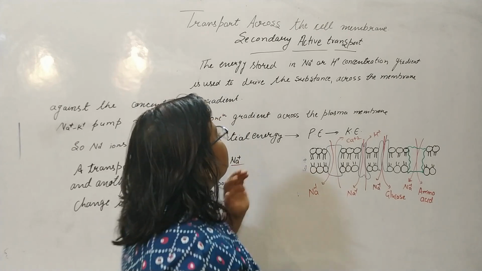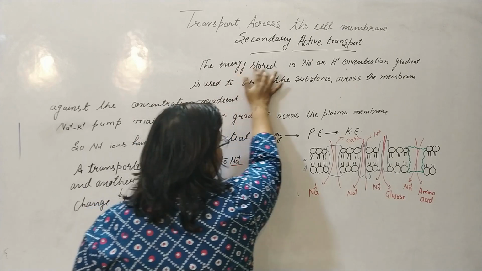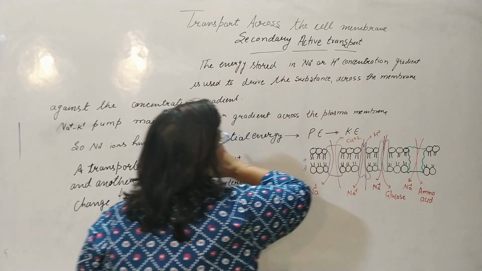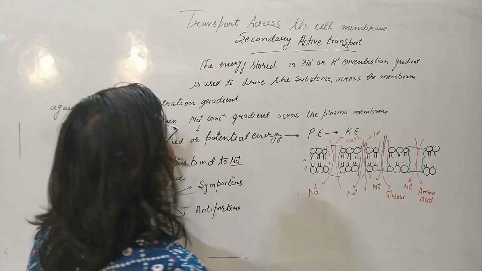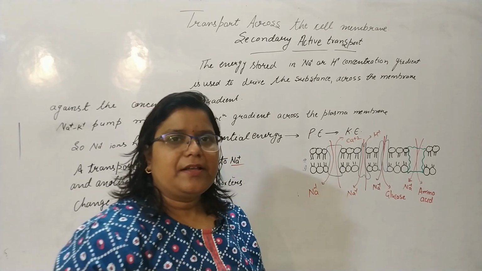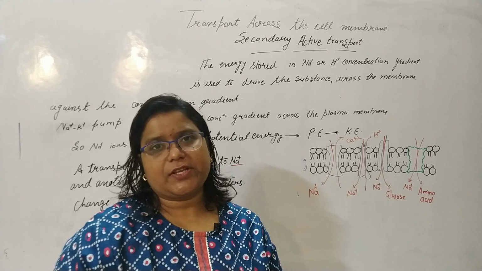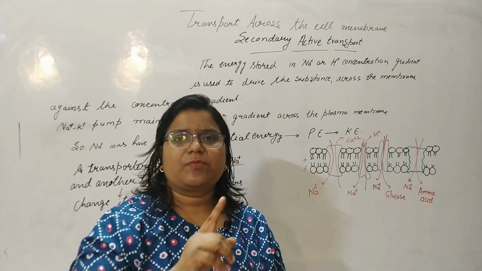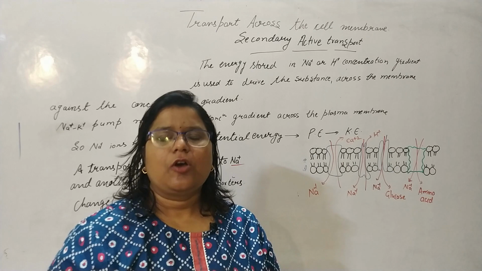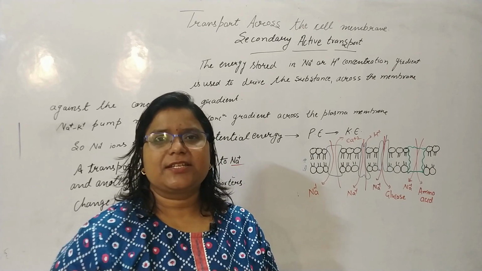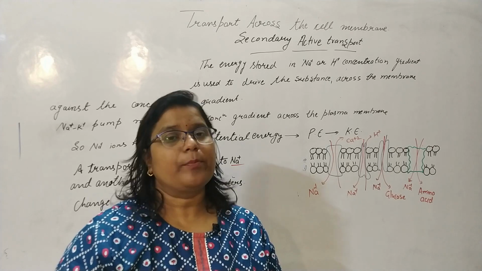In secondary active transport, the energy stored in the sodium and hydrogen ion concentration gradient is used to drive a substance across the membrane against the concentration gradient. Here, in secondary active transport, we again have to go back to primary active transport, because in primary active transport the sodium concentration is maintained outside the plasma membrane, or we can say the extracellular side. The sodium ion concentration is maintained with the help of the sodium potassium pump.